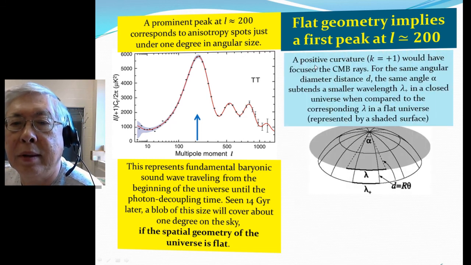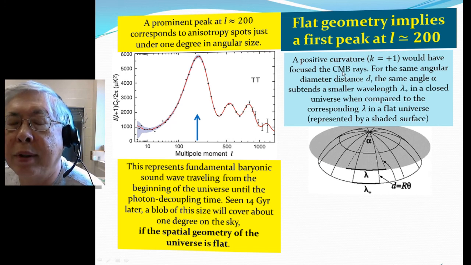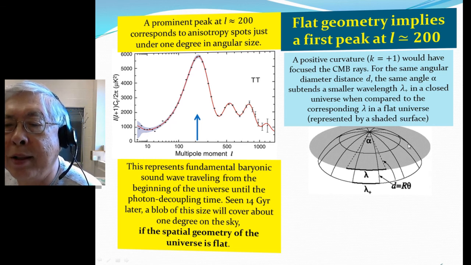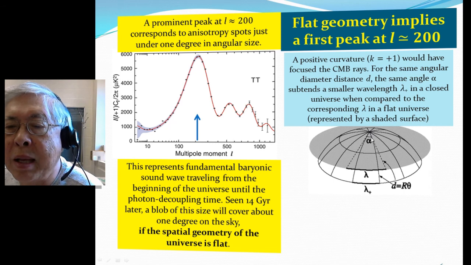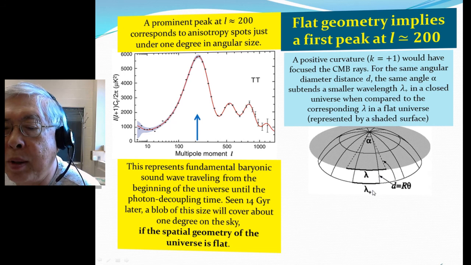Okay. In a positively curved case, positive curvature would have focused the CMB rays. So here is a cartoon, a two-dimensional picture. The flat space is represented by a flat gray disk, and the positive curvature is represented by the surface of a sphere. So for the same angle alpha, if flat space corresponds to a linear length of lambda, for positive curvature it would be a smaller number.